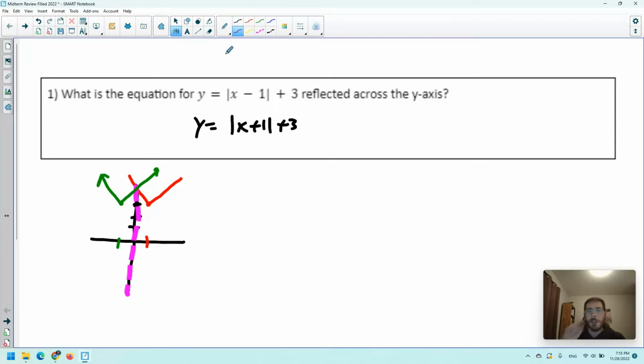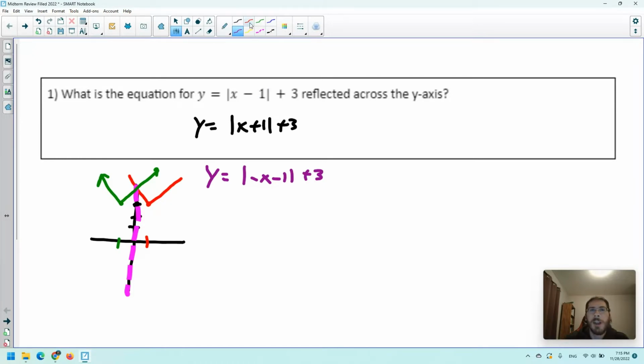But with absolute values, there's actually a little bit of a weird thing that we could do. We could actually go y equals absolute value of negative x minus 1 plus 3. So we could actually do a reflection. Technically, a reflection would be switching x to negative x. So we could also do this.